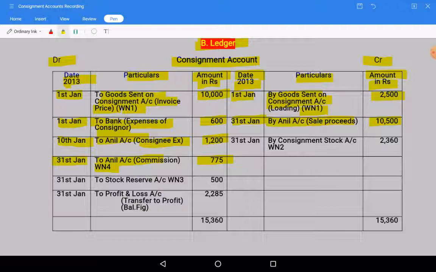Next, on 31st January, there is a closing stock, because only 80 cases he has sold, and the remaining 20 cases are consignment stock. For that purpose, on the closing date 31st January, by consignment stock, working note 2, you can see there is 2,360 rupees.